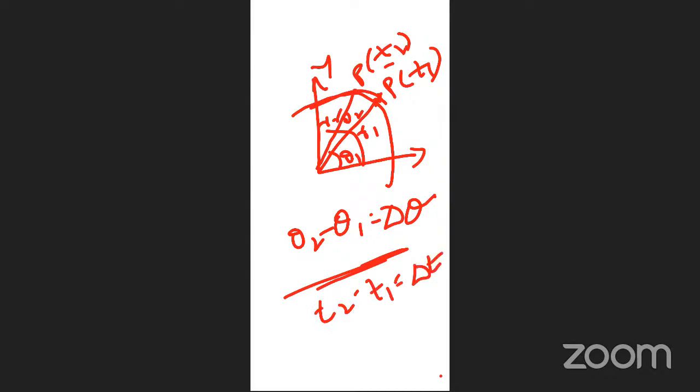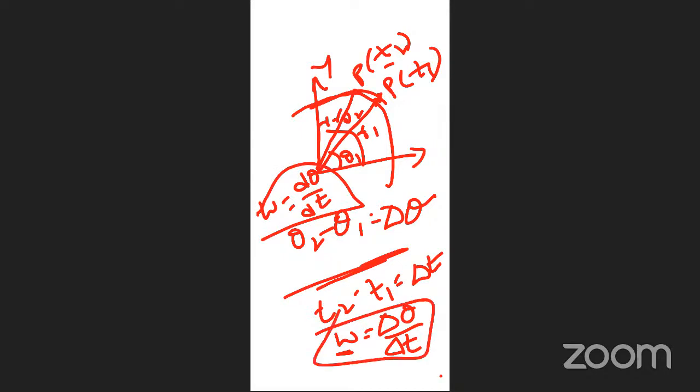So the angular speed, omega, is equal to del theta by del t, or instantaneously omega is equal to d theta by dt. Del means the derivative.